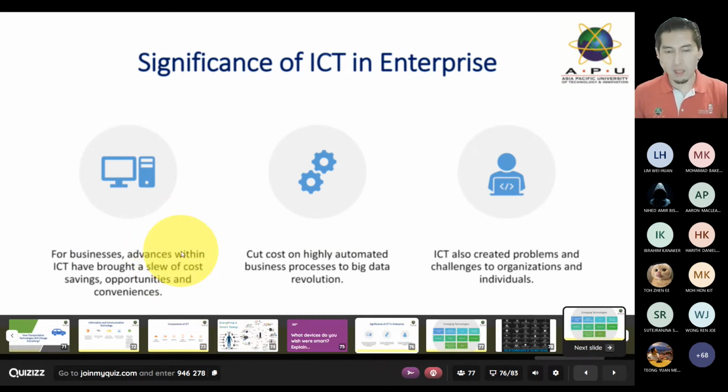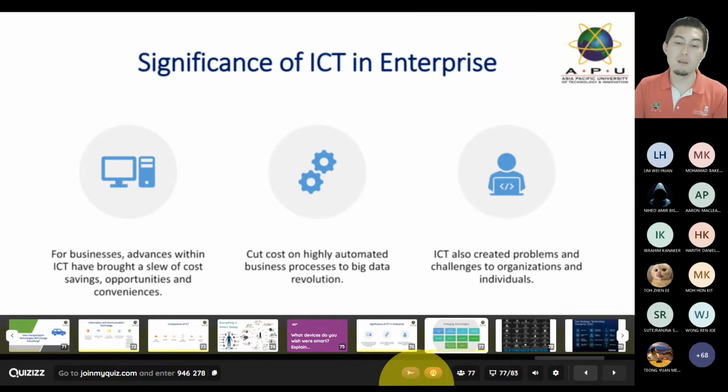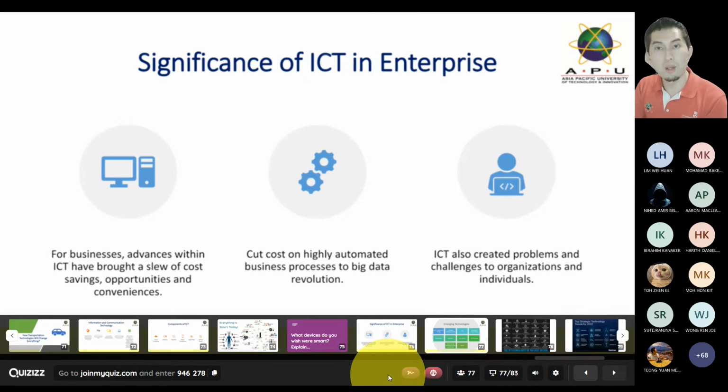It brings down costs. It makes things much more efficient. Productivity is much more highly automated and effective. Of course, on the other hand, there are also technical issues to be covered and solved. I think that goes without saying.